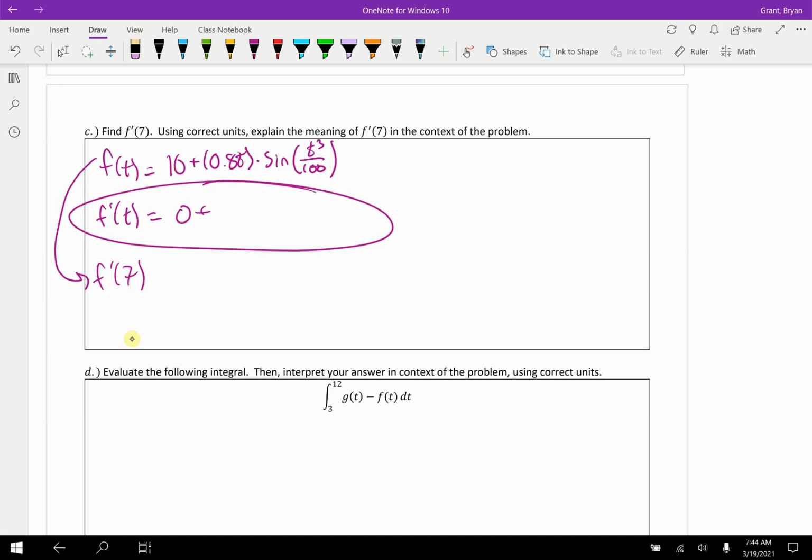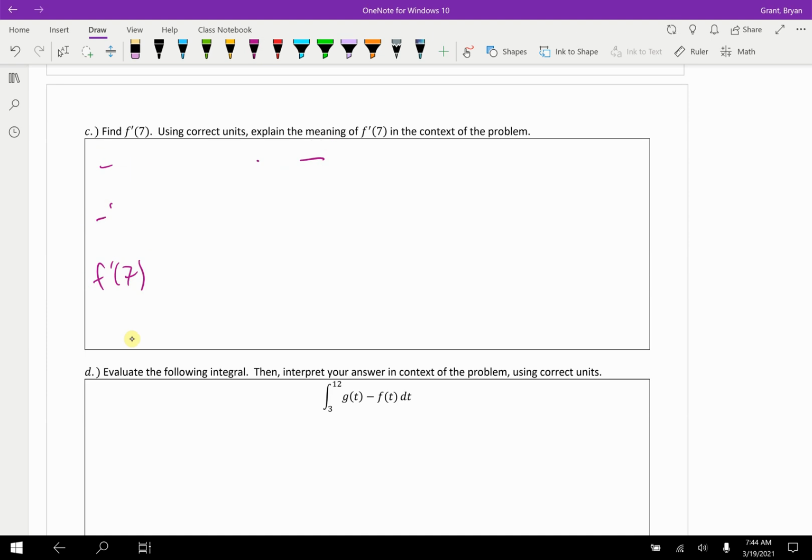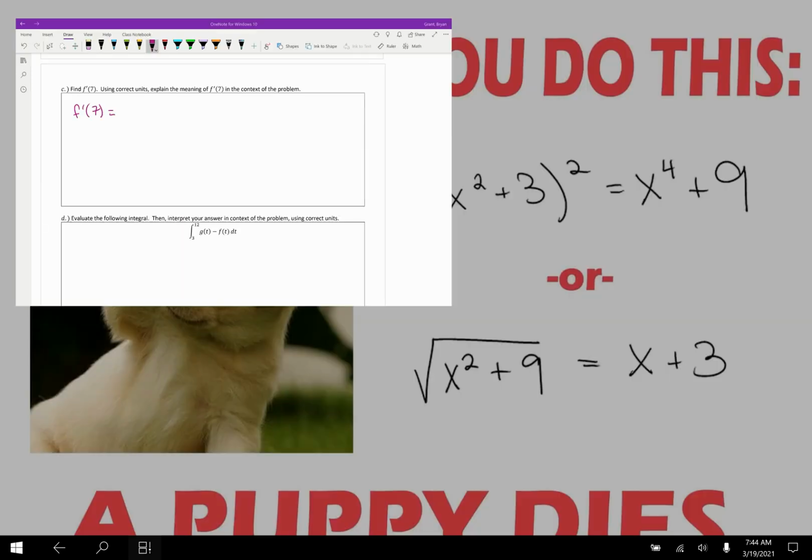You are not expected on a calculator active problem to show the derivative equation. In fact, I would do none of this, right? If we want to find f prime of 7, the expected way you do this is on your calculator.